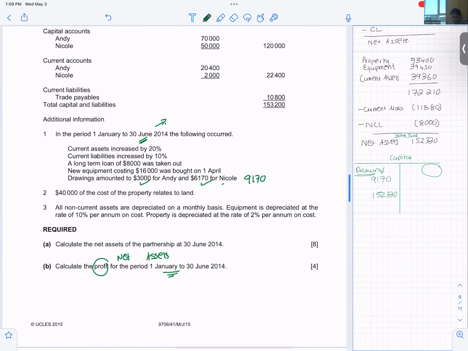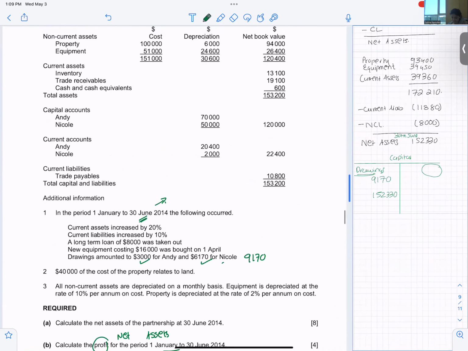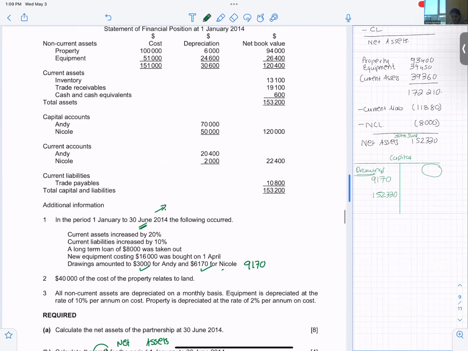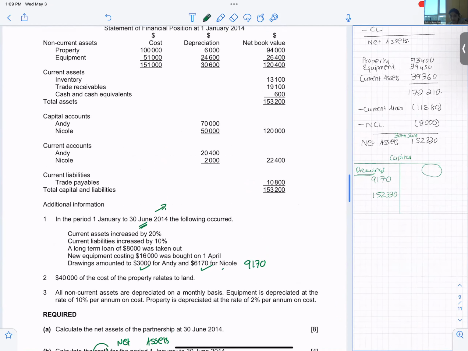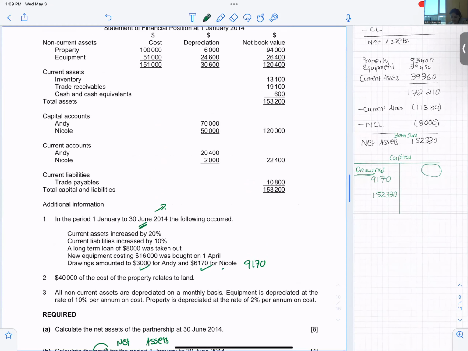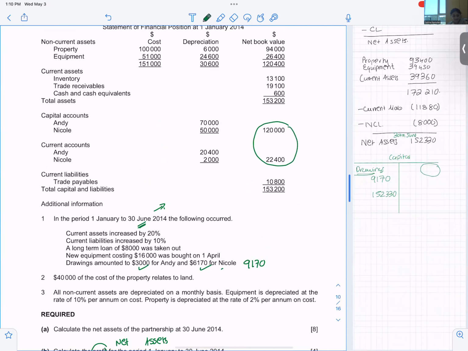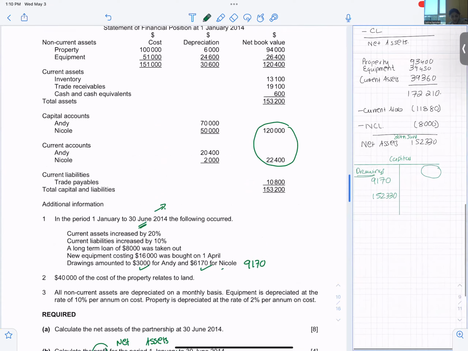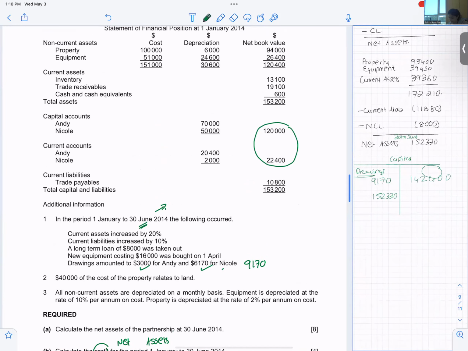Calculate your opening net assets, the opening capital. So it is 120,000 plus 22,400, so 142,400. Now do the total of this and get the profit.